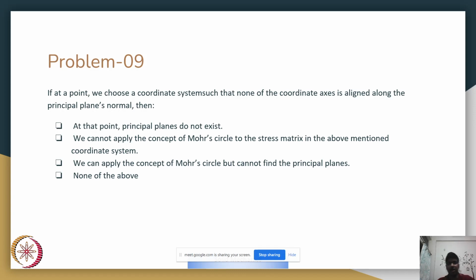So the ninth problem: if at a point we choose a coordinate system such that none of the coordinate axes is aligned along the principal plane's normal. So suppose we have n1, n2, and n3. These n1, n2, n3 are essentially principal planes normal.